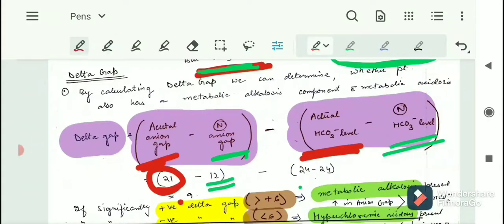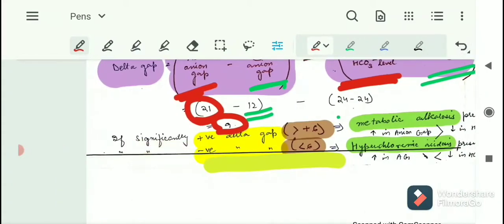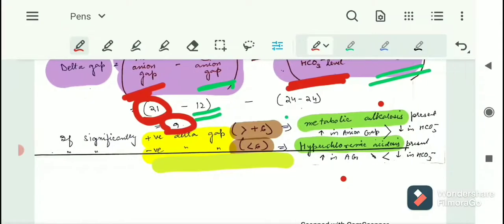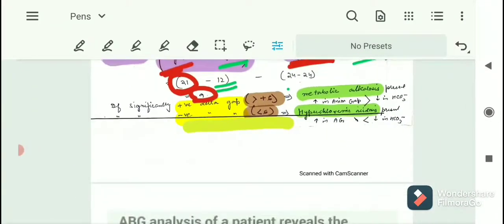So here we get a delta gap of 9. Now if delta gap is significantly positive, that is more than plus 6, then it indicates that metabolic alkalosis is also present. And if it is negative, that is less than 6, then it indicates hyperchloremic acidosis is present, not a metabolic alkalosis component.